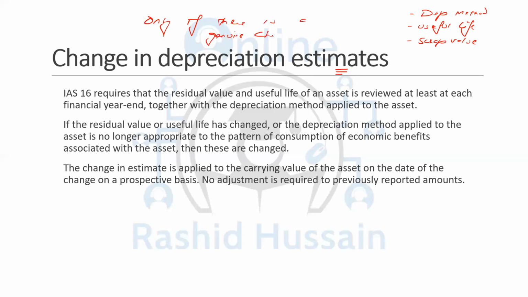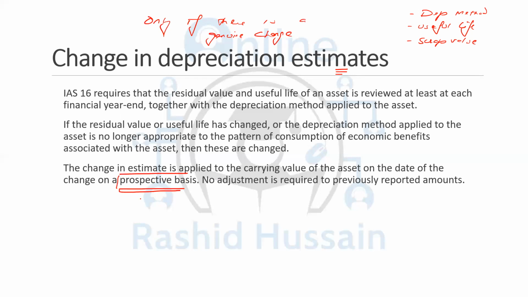That means there should be a real change. It should not be done for manipulation purposes, because management may do that for manipulating the profits, manipulating the assets. If it is a genuine change in the depreciation method, genuine change in the useful life, genuine change in the scrap value, you can change your accounting estimate. But the standard says that it should be done on a prospective basis.